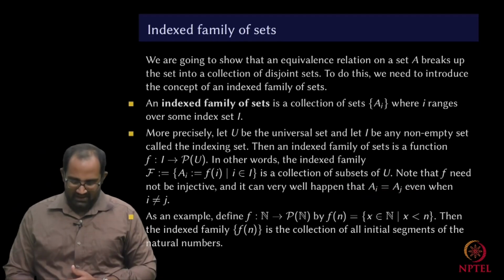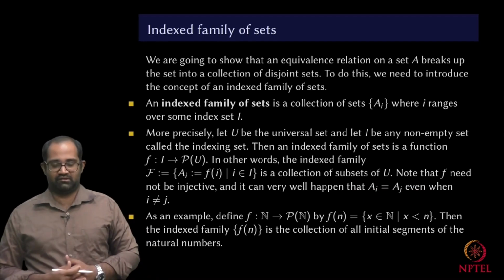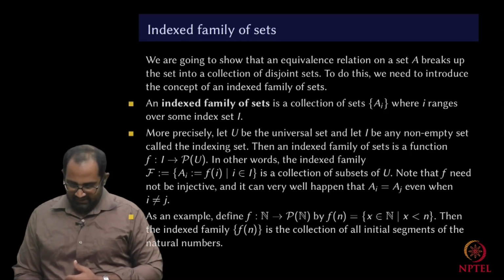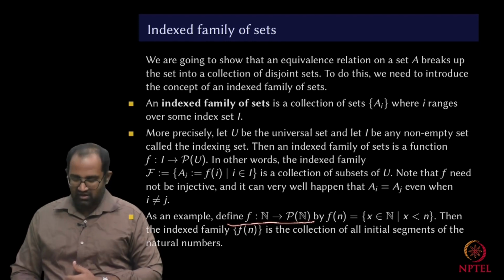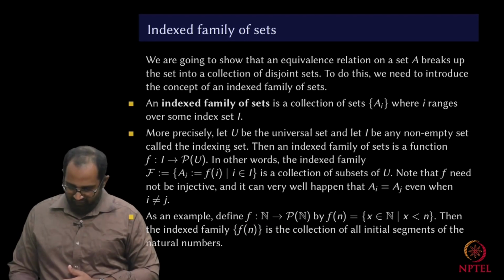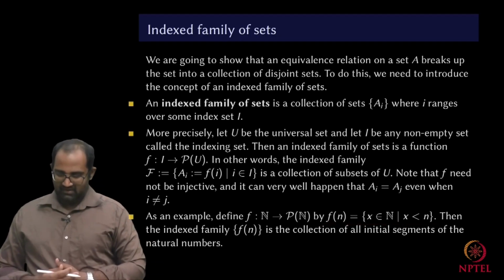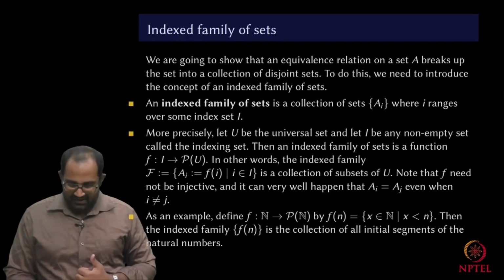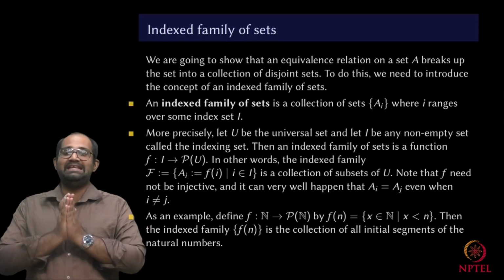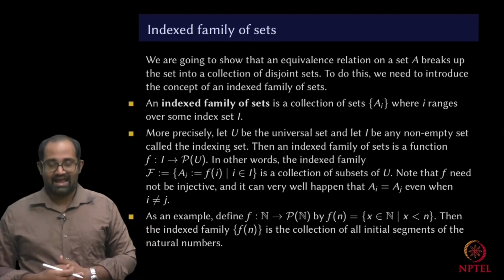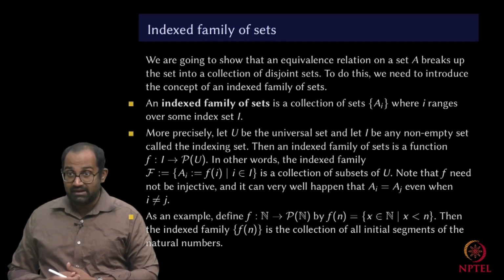Now, let us take a simple example to make this complicated definition sensible. Let us take a function f from natural numbers to the power set of natural numbers given by f(n) equal to the set of x in N such that x is less than n. That is, the indexed family f(n) is the collection of all initial segments of the natural numbers. Now, notice that f(1) is actually the empty set.